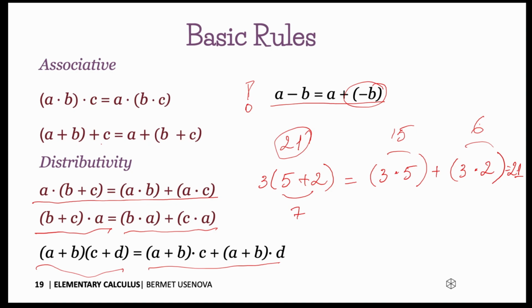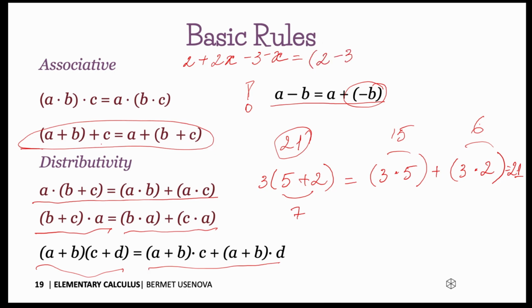Let's say we have a term that we want to simplify, for example, 2 plus 2x minus 3 minus x. With the help of the associative rule, we can group terms with the letters together and the numbers together, but not forget the signs. For example, 2 minus 3, or we can also say 2 plus minus 3, plus we group 2x minus x together.